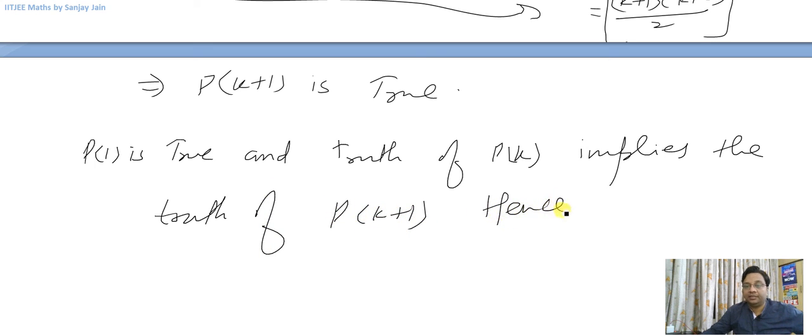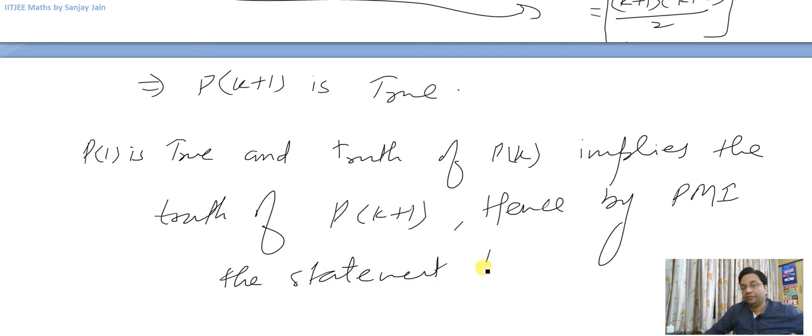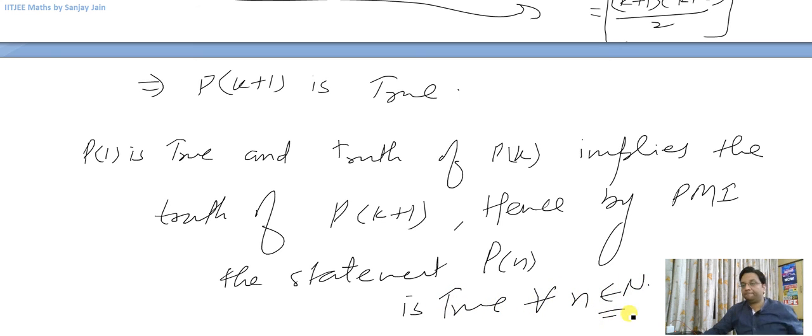Hence by principle of mathematical induction, the statement P of n is true for all n belonging to natural numbers. Okay, all right.